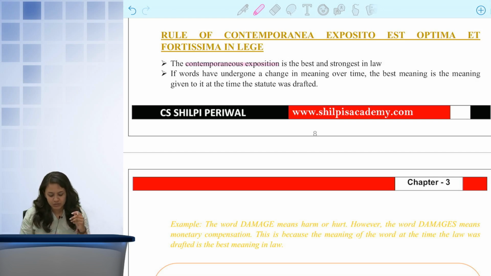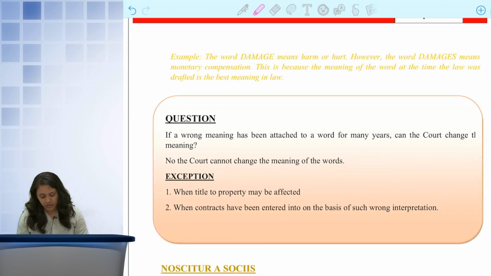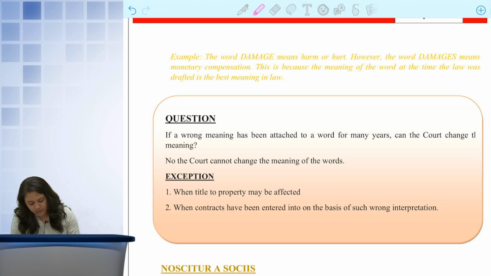Okay, so for this purpose, let's look at one example. Now, as we have known, the word damage means harm or loss or hurt being caused to people. The word damages means monetary compensation. The only difference is damage means harm, whereas damages could mean monetary compensation. Now, this is purely from a legal standpoint.